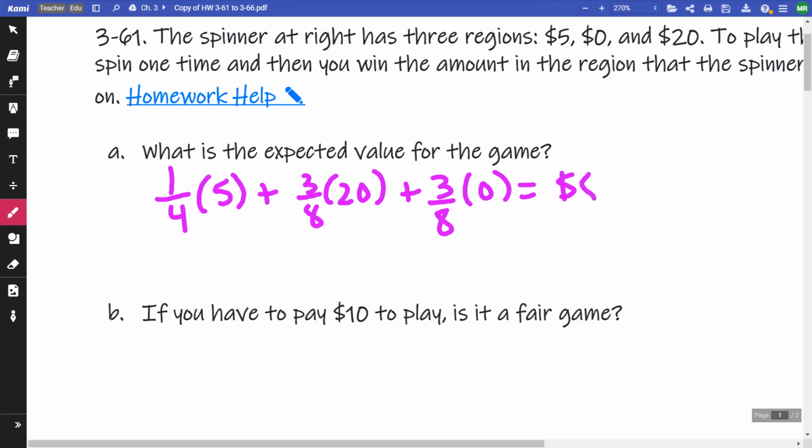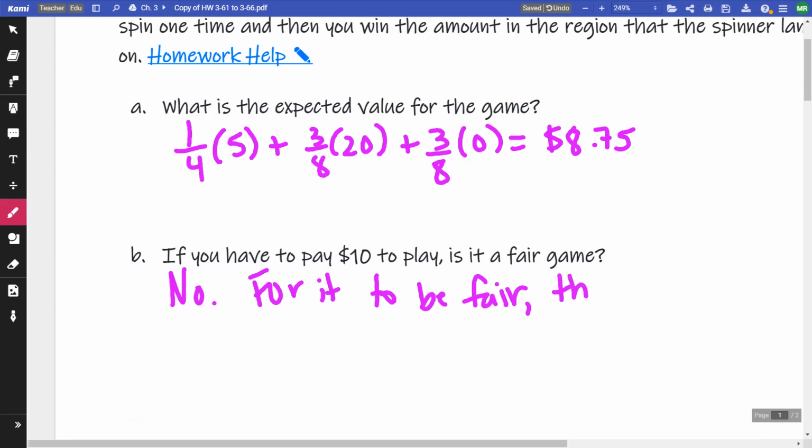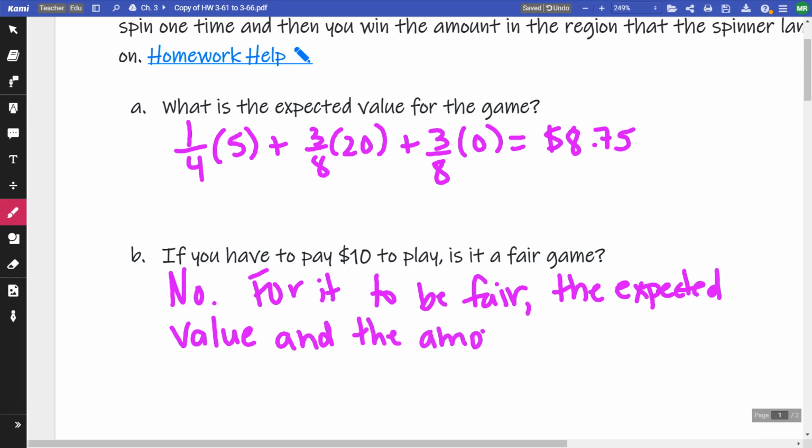So I get $8.75. So if you pay $10 to play, is this a fair game? No. For it to be fair, your expected value and the amount of money you pay to play needs to be the same.